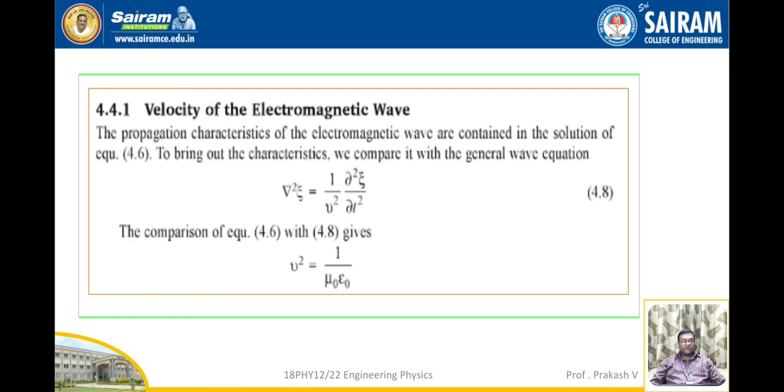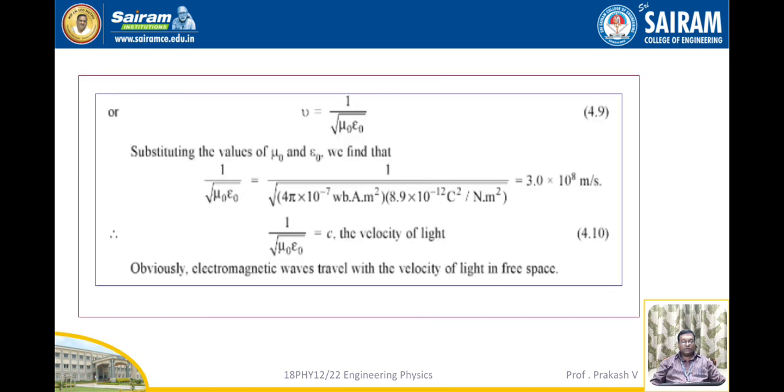Next, the velocity v is equal to 1 by square root of mu naught epsilon 0. By substituting the values of mu naught and epsilon 0, the velocity will be equal to 3 into 10 to the power of 8 meters per second. So this is what is called the velocity of light. Obviously, electromagnetic waves travel with the velocity of light in free space.